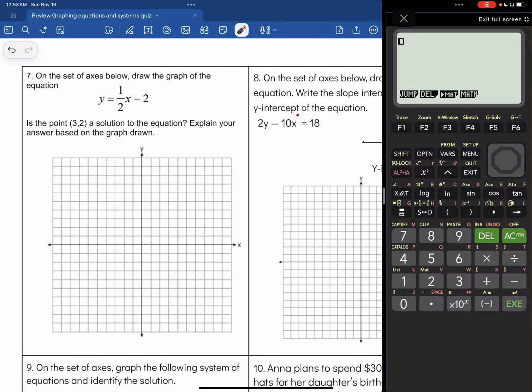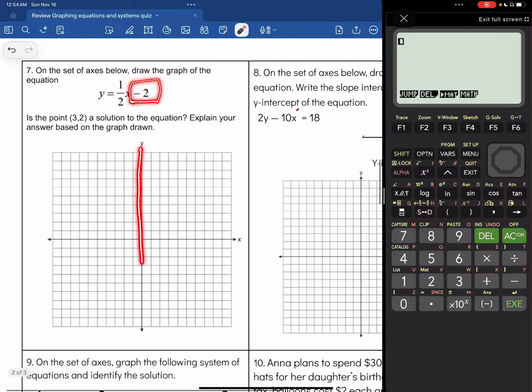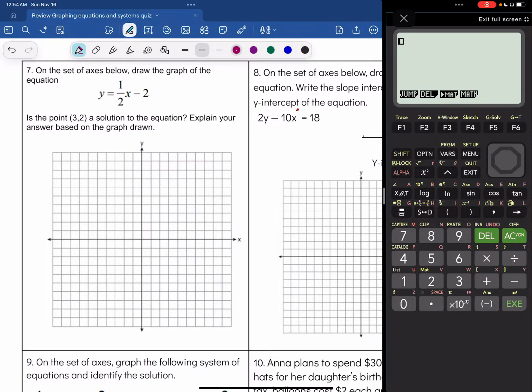to start with the y-intercept, right? Our y-intercept here is -2 because it is the b value, it is the value without the x. So I'm going to go to -2 on the y-axis, which is going to be right here, -2. And then my slope is a half, right?